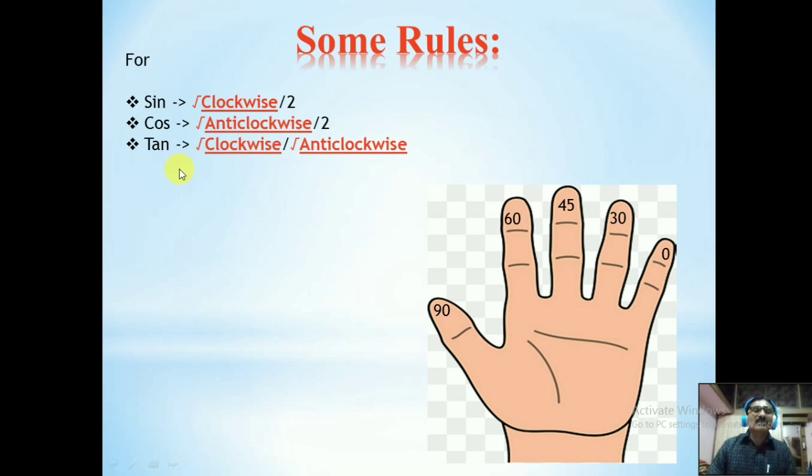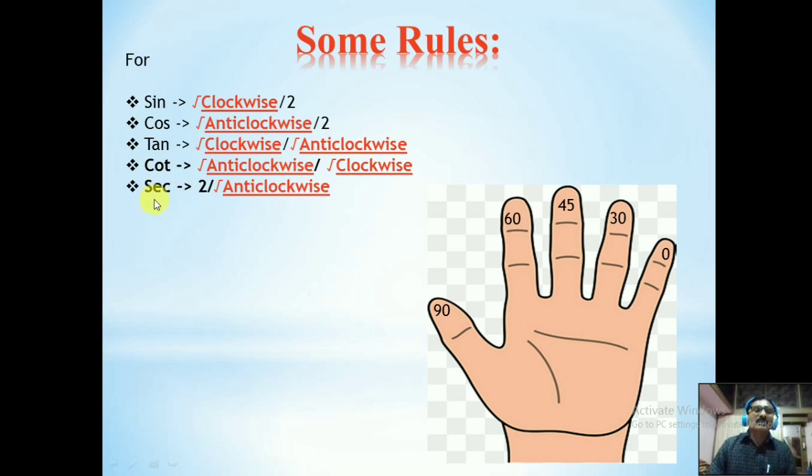For tan, take square root of clockwise fingers divided by square root of anti-clockwise fingers. For cot, we can write inverse of tan. Therefore, root of anti-clockwise divided by root of clockwise.